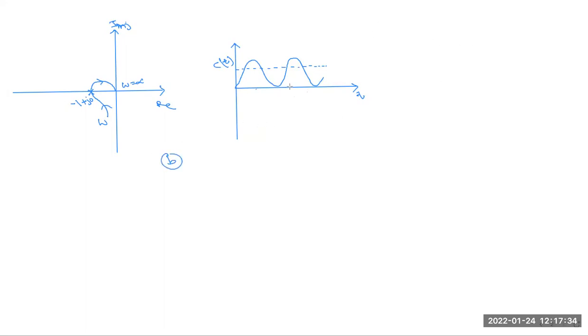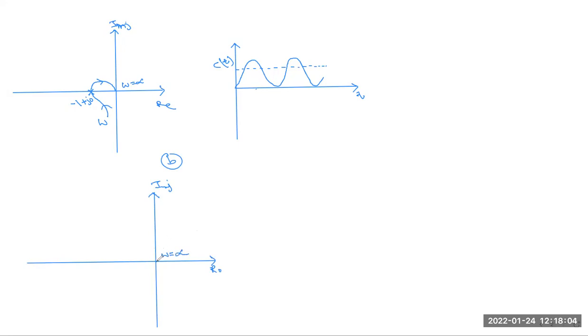Another one, the last one, when the system is unstable. When the system is unstable, that means here the value of K is greater than 1 by T1 plus 1 by T2. So this is the imaginary axis, this is the real axis, and this is the center point where the omega is infinite.